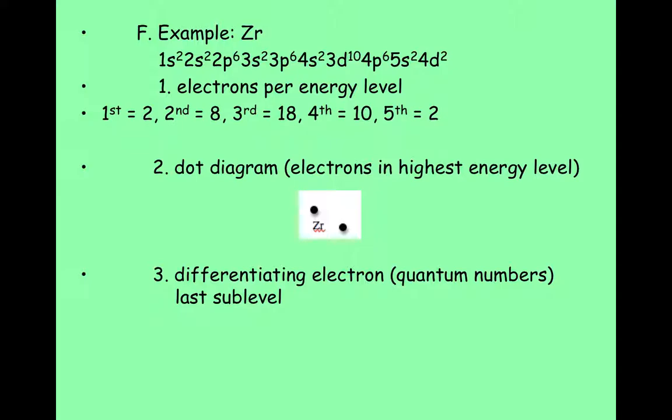This goes with the octet rule that we'll learn about in the next unit, saying that elements bond so that they can have 8 electrons in the outermost energy level, and the dot diagram is a very quick way to show how many electrons the element has in the outermost level. In this case, there are only 2, and that's going to tell us a lot about how atoms are going to bond with other atoms.